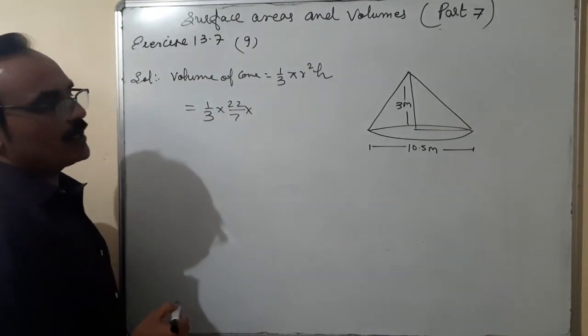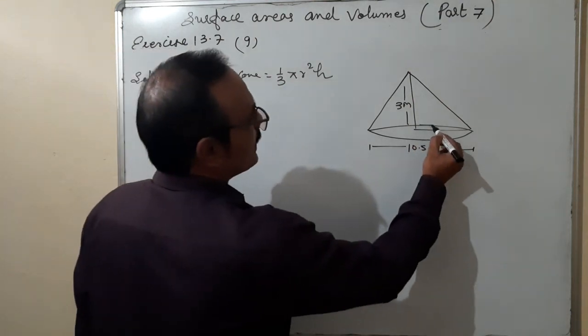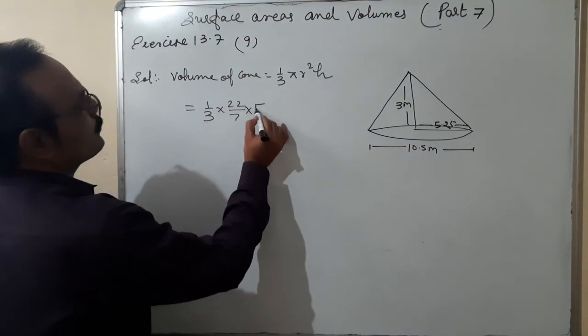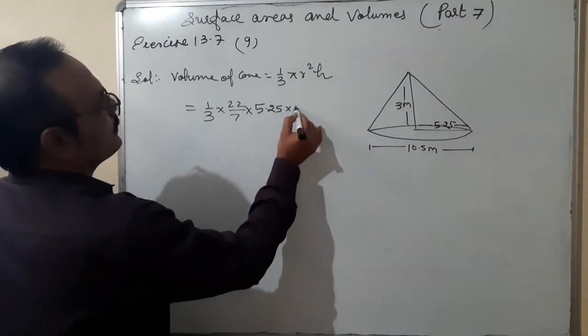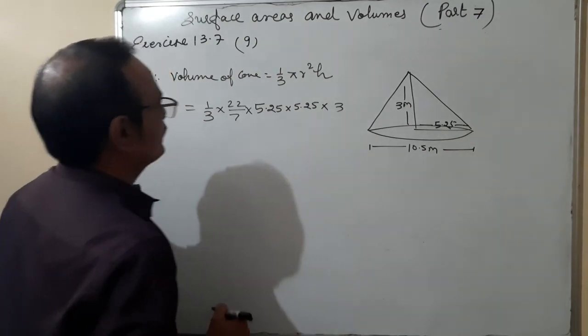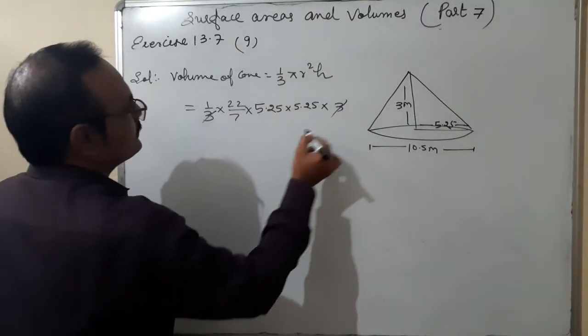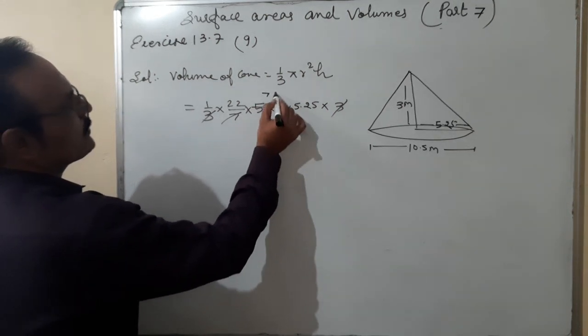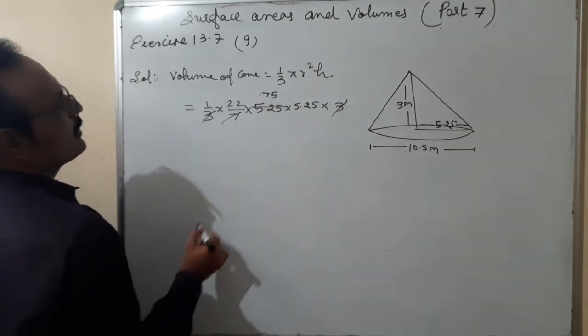Because the diameter is 10.5, the radius is half of that, 5.25. 5.25 multiplied by 5.25 into h, height is 3. This 3 is cancelled by 3, and 7 sevens are 49, 7 fives are 35, 75.